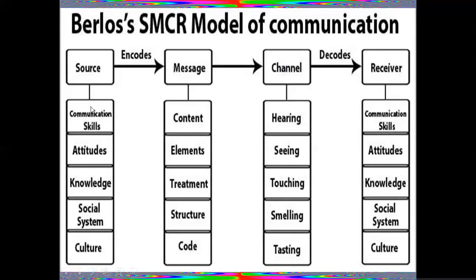Source indicates communication skill, attitudes, knowledge, social system, culture. On the other hand, a receiver indicates the same: communication skill, attitudes, knowledge, social system, culture. That means input and here the output. Within it, the message indicates content, elements, treatment, structure, code.